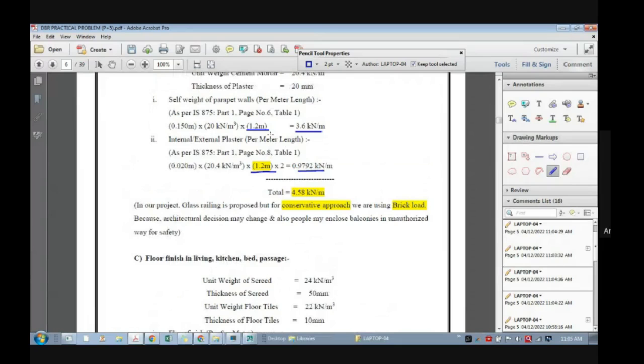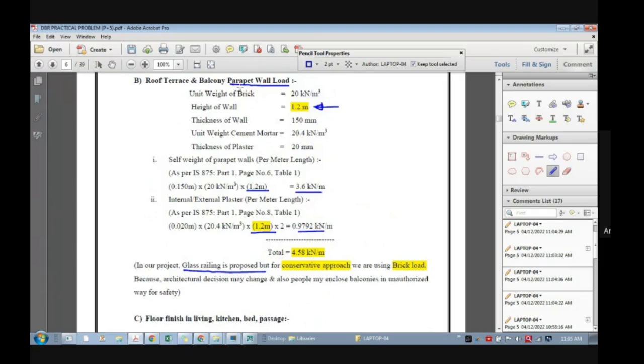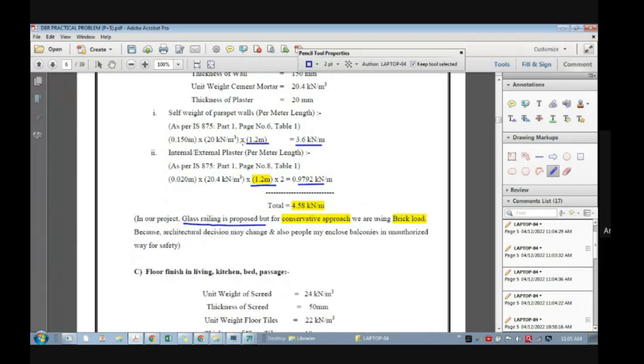See, now there is one more point here. It is written that in this project, a glass railing is proposed by the architect instead of a brick wall. Actually we are taking the load of the parapet wall, which is a brick wall. But sometimes architects give you information regarding glass railing. They may suggest, I want a parapet of glass railing. But generally with a conservative approach, the structural engineer can take the brick load in this case.